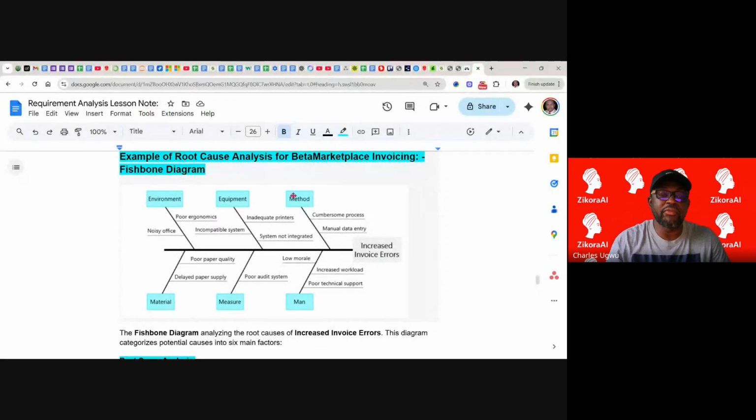It can come from the method we are using. It can come from the equipment we are using. It can come from the environment. It can come from the material we are using. It can come from the way we measure or man, which is the human resources we are using. All these, or it can come in a combination of all these factors.